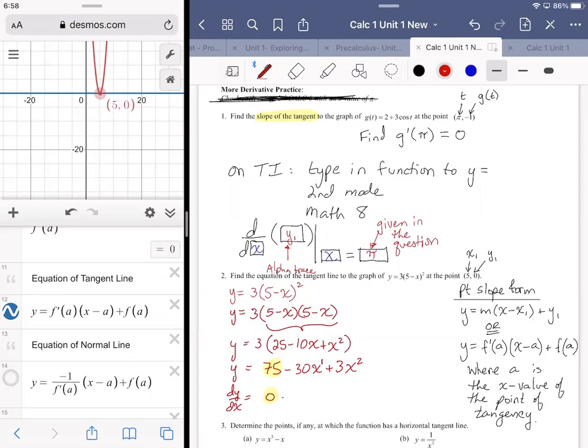So that's going to become negative 30x to the 0th, which is really just negative 30. So you could just write the negative 30 if you want. And then plus 6x to the 1st, or just 6x, either way. This is going to simplify down to negative 30 plus 6x. So that's my derivative.